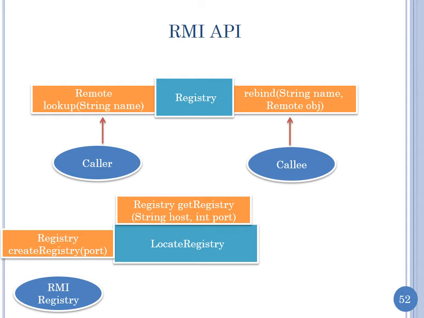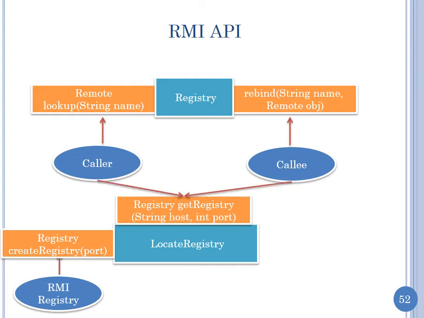Okay, so that process then becomes an RMI server, and once a registry object has been created in some process, a remote process can get a reference to it by invoking getRegistry. Okay, so createRegistry creates a registry and makes that process an RMI registry process, and getRegistry helps you get a reference to it.